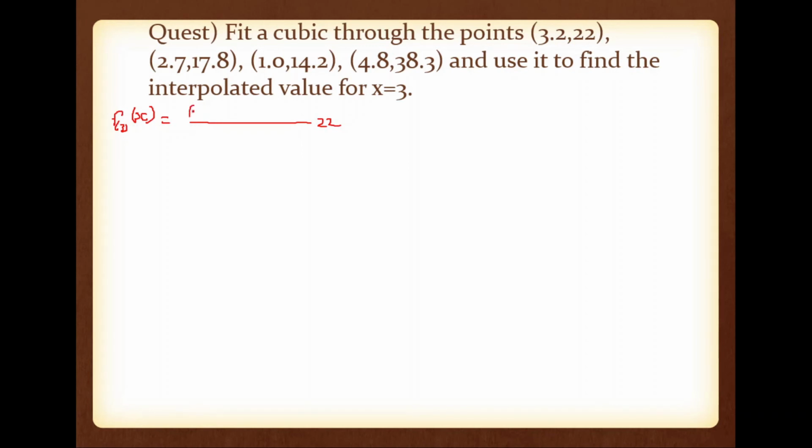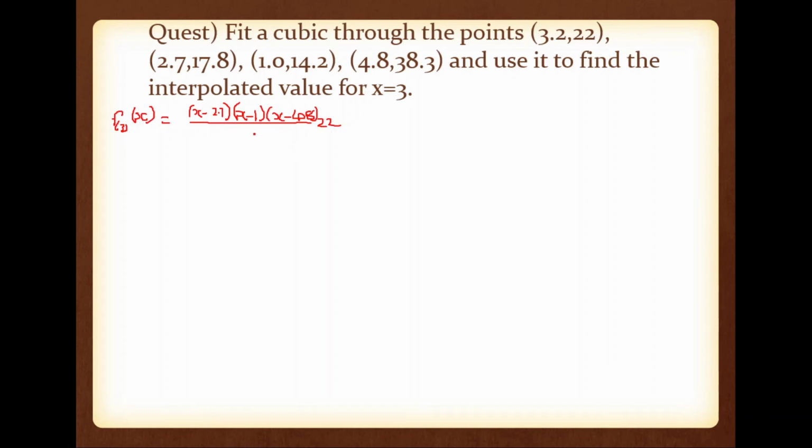So we have x minus 2.7 into x minus 1 into x minus 4.8 divided by, now replace x with 3.2 because 3.2 is the x value of 22.